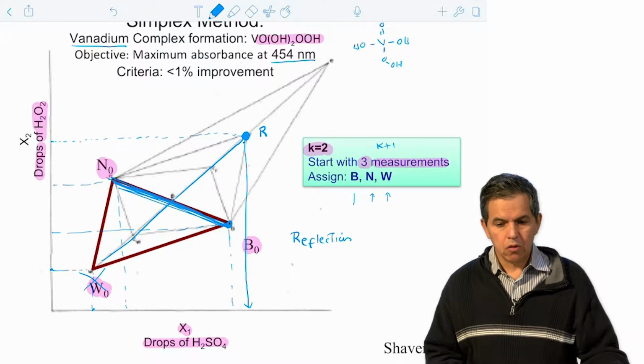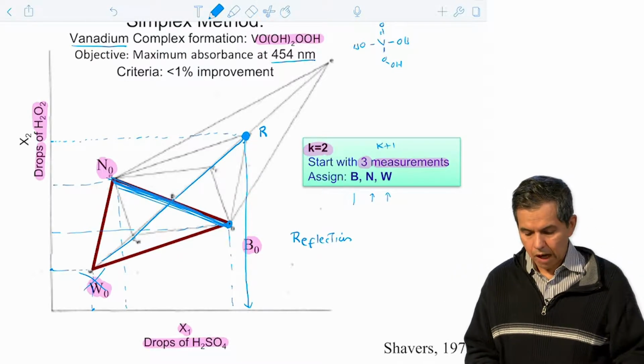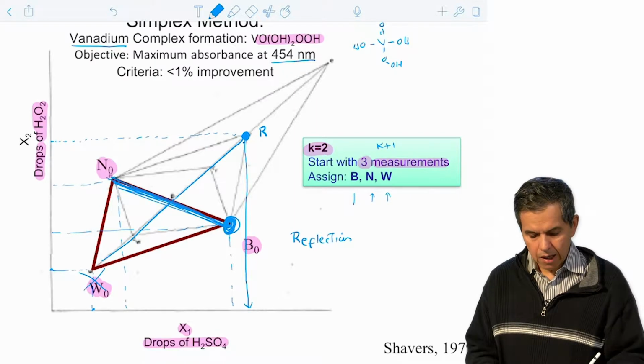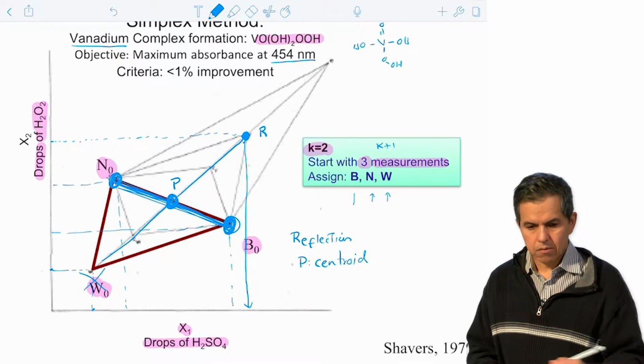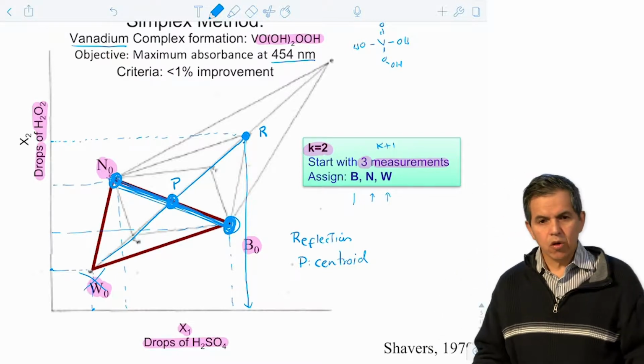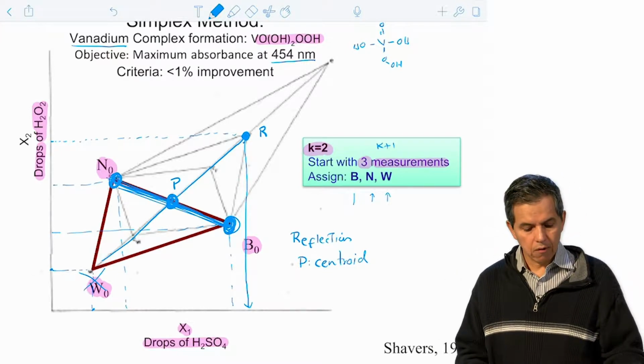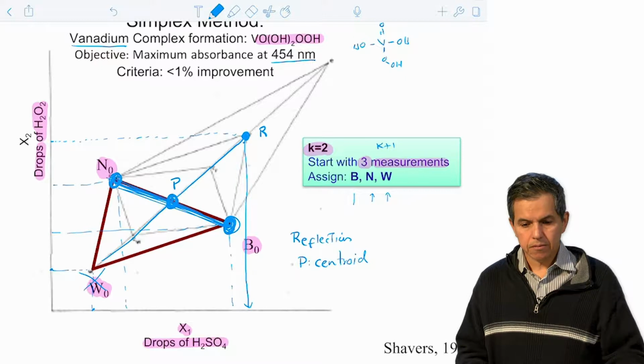To do the reflection, we have to calculate a point that is the half point between the best and the next to best. This half point we're going to call the centroid, or P. And of course, that centroid represents a given number of drops of the two reagents that we have in mind.